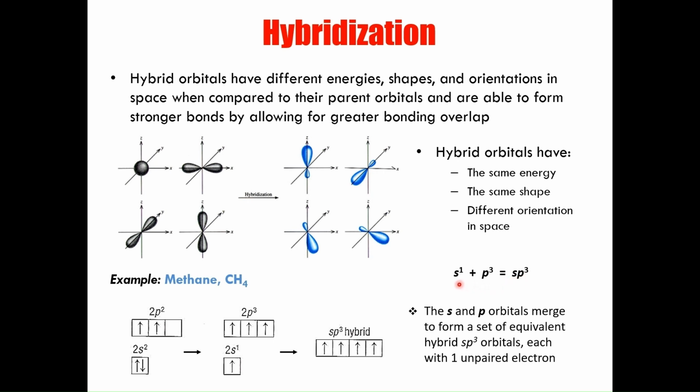So again, the merging of p3 with s1 gives you sp3, but we have 1, 2, 3, 4 of them. So we have 4 sp3 orbitals. They're exactly equivalent in size and energy. The only difference between them is that they have 4 different orientations in space, so that of course they don't overlap with each other.